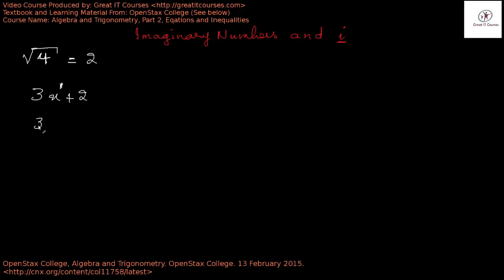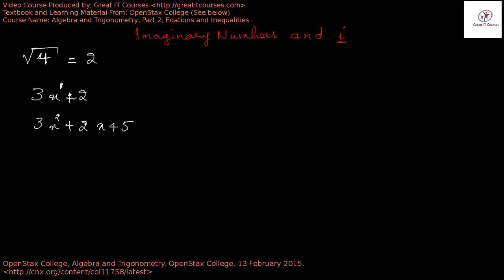Now if you had 3x squared plus, let's say, 2x plus 5, this is a polynomial of degree 2, and the variable in the leading term has exponent 2.